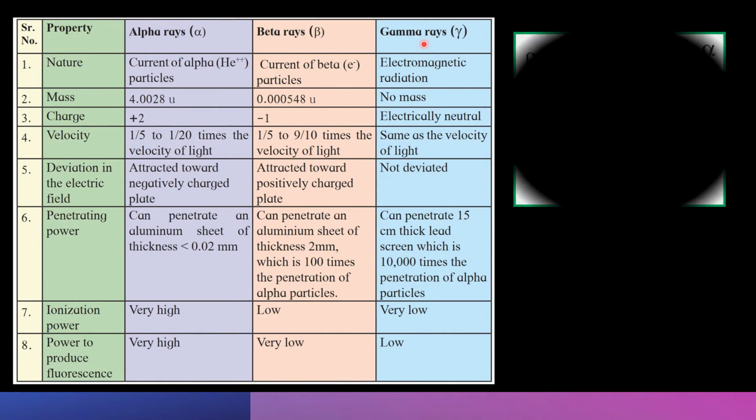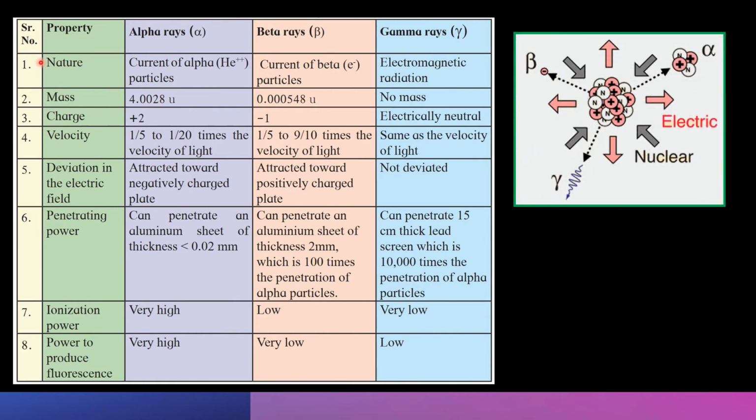First, the nature of the particle. If we look at alpha rays, they are a combination of, as you can see, two positive charges, which is nothing but protons, and two neutrons. This is the component of a helium nucleus. So alpha rays are particles or a current of helium nuclei. Then beta rays are negatively charged.